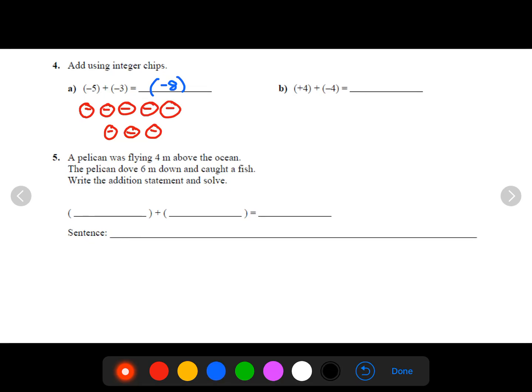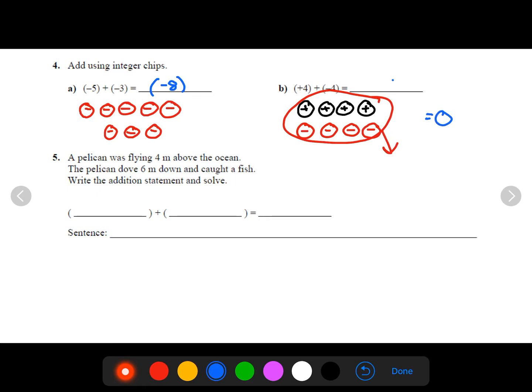For question B, 4 positive chips and 4 negative chips. When we add that all together, these all become zero pairs and are removed, which means we're left with 0.